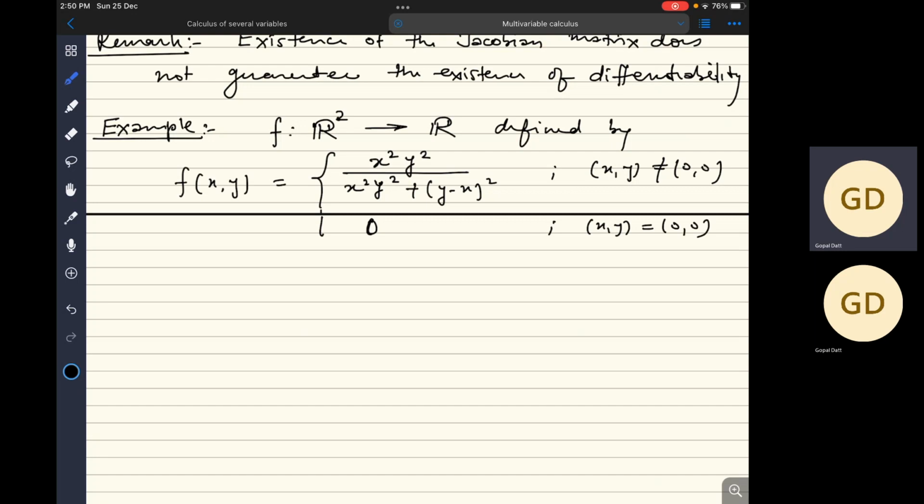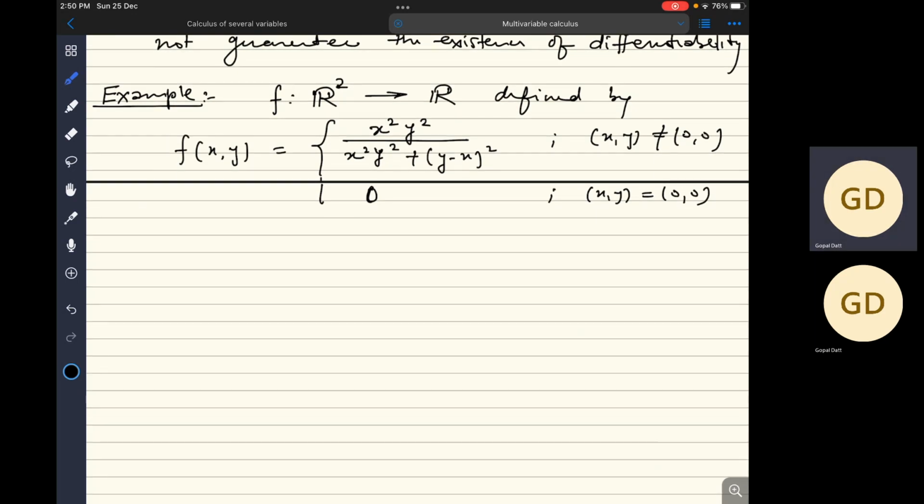What we will show is that the Jacobian matrix for this f exists. Since in this case the codomain is R, this means the gradient of f exists, but f is not differentiable.